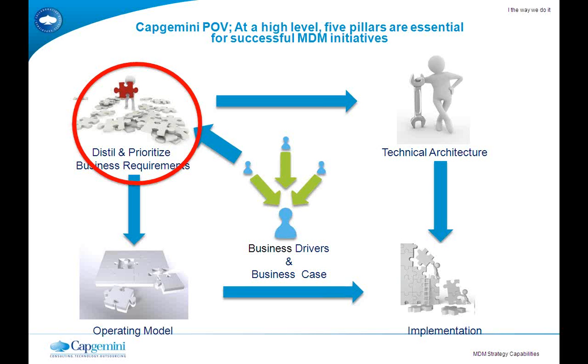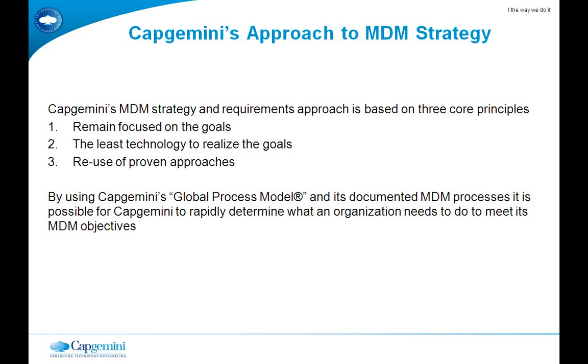The second pillar is really drilling in, once you've gone through the business case, to determine the business requirements that are going to need to be addressed. And this section could be several webinars' worth of data on its own, so I'll boil it down to a high level.